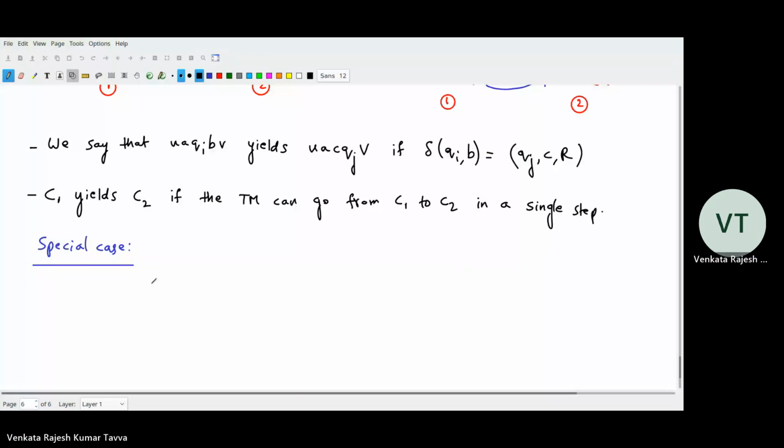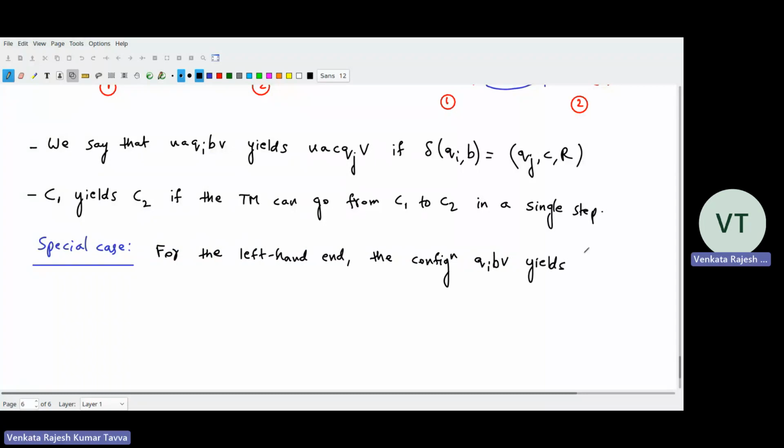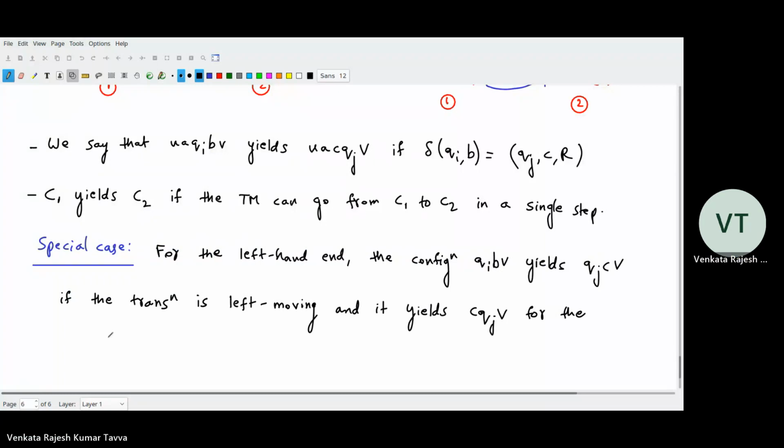So for the left hand end, the configuration QI BV yields QJ CV if the transition is left moving, and it yields C QJ V for the right moving transition.